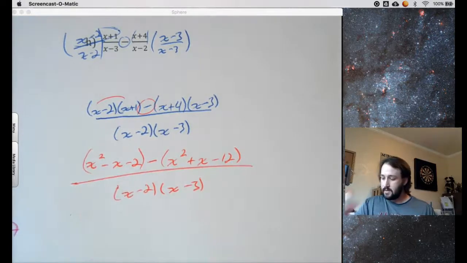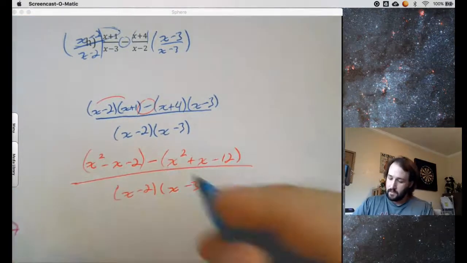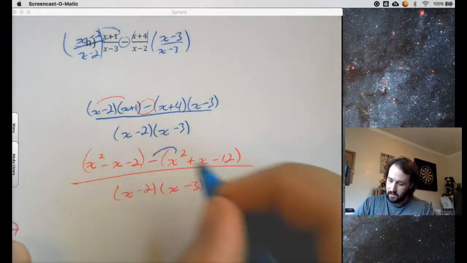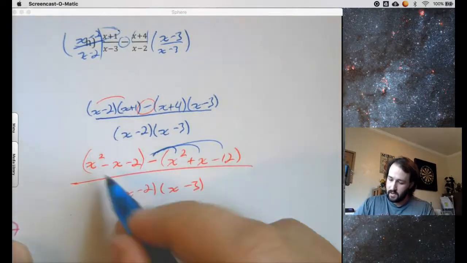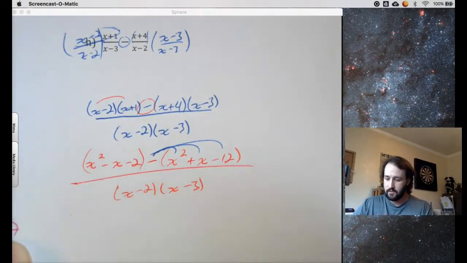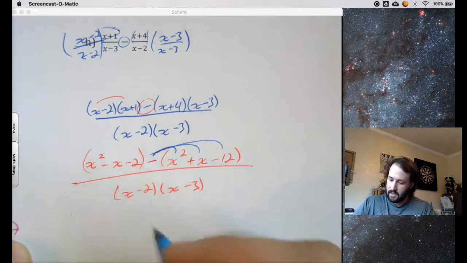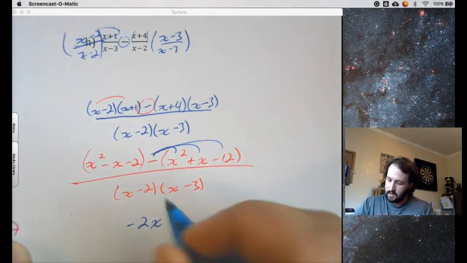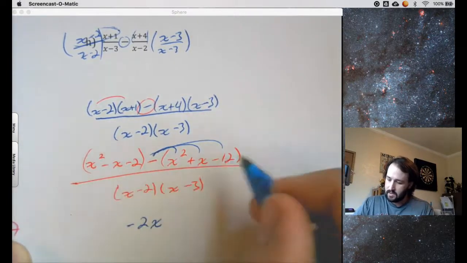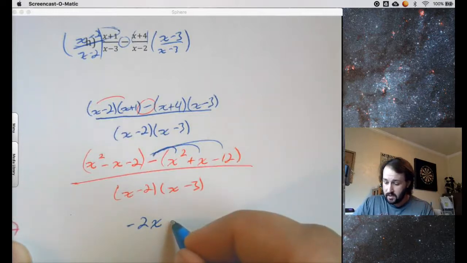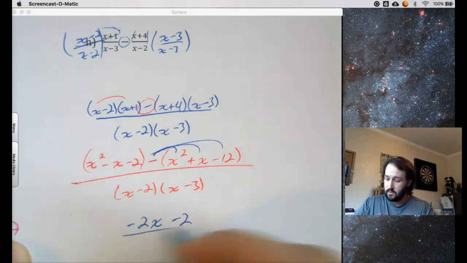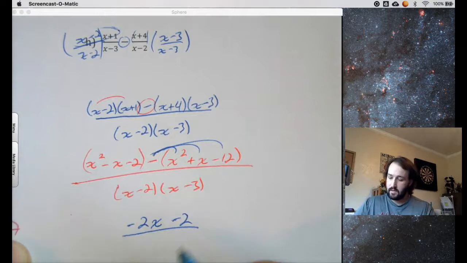All right, so now distribute the negative to all three of those terms. So x squared minus x squared is 0x squareds. Negative x minus x is negative 2x. And then negative 2 minus negative 12, so negative 2 plus 12 would be minus 2 over, so now this would factor.